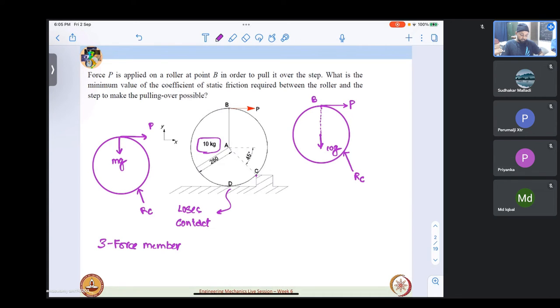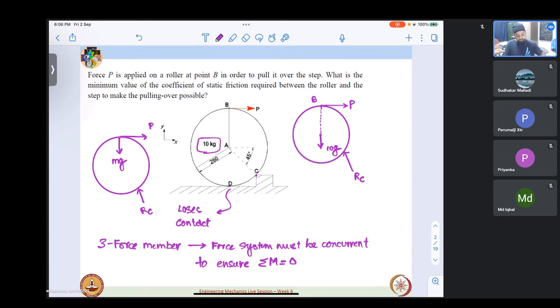So for a 3-force member to be in equilibrium, in moment equilibrium, as we discussed when we covered equilibrium and as has also been discussed at length in the lectures, the force system must be concurrent to ensure sigma M equal to 0.